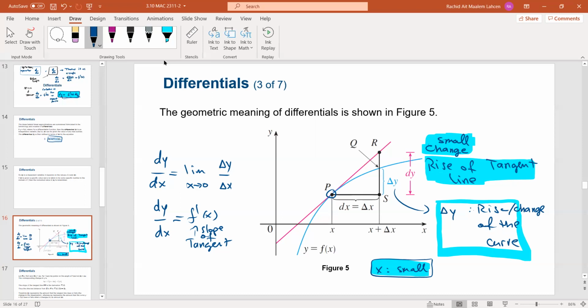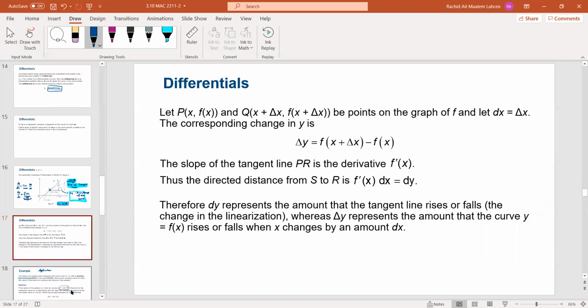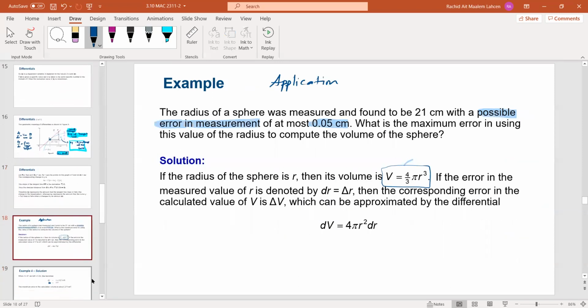It's that change of the tangent line, and dx is that change of x, right? But you see the change of x here is the same for the curve and the tangent. All right, so this is a nice application to talk about, and then we do some examples.